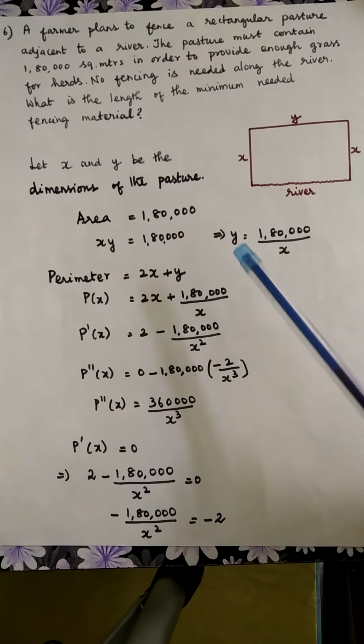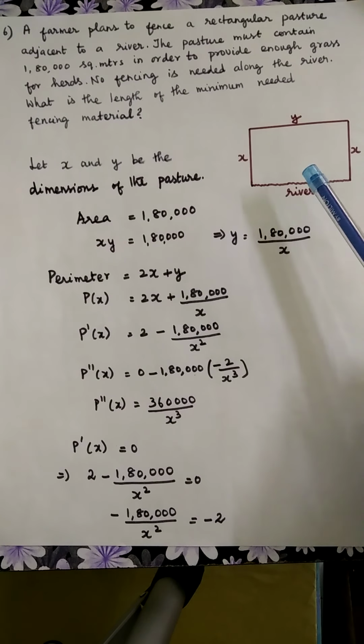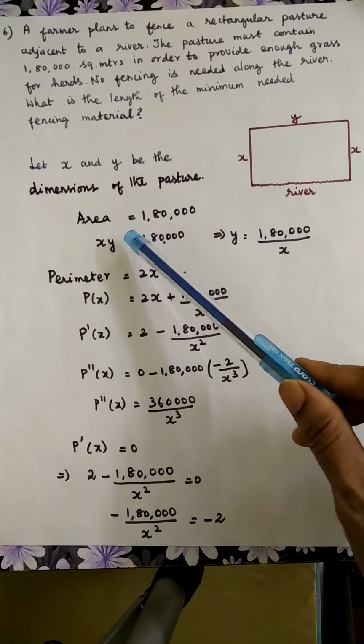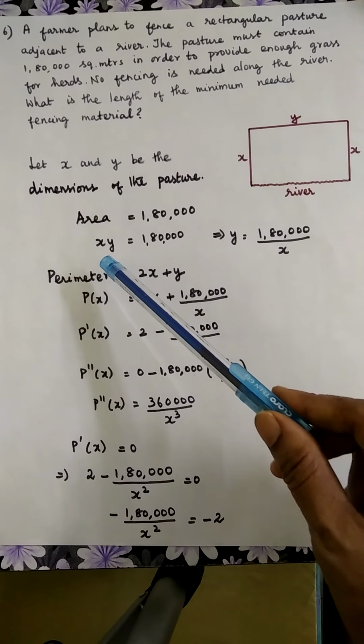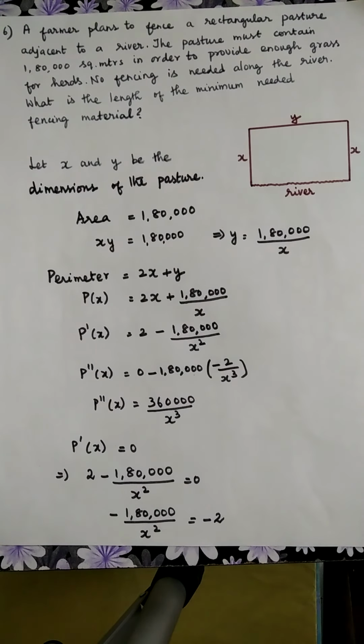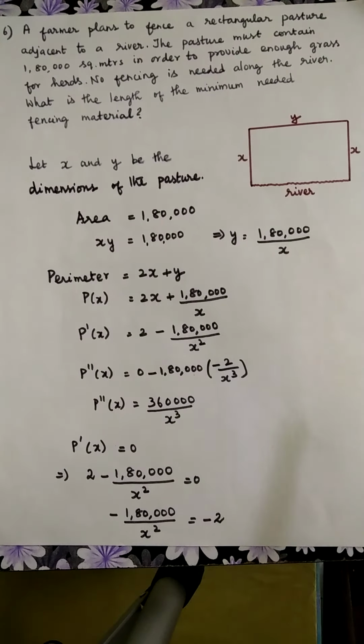Let x and y be the dimensions of the pasture. மேய்ச்சல் நிலம். Okay. Area is given. Area equal to 1,80,000. Area is xy. Xy equal to 1,80,000. For eliminating y, we will find y. Y equal to 1,80,000 by x.